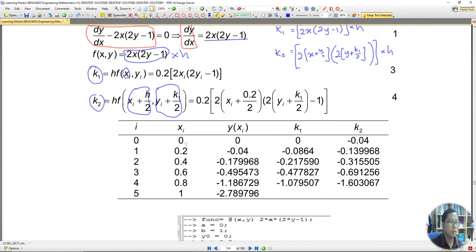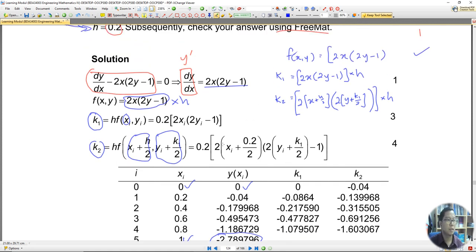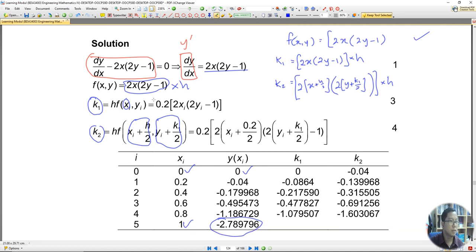Then in this case, x is given 0 and y equal to 0 and x equal to 1, but we don't know this one. This is the final value that we want to identify. For k1, just key into the calculator and change all these numbers. The x here, change maybe using green color.